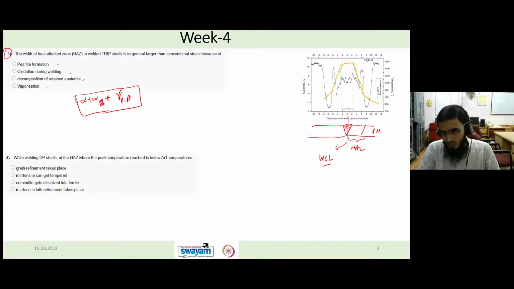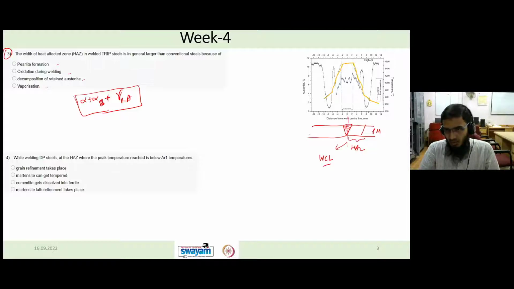So as we move from the weld center line, the temperature decreases, and the steepness, or you can say the slope of this temperature, depends on the type of welding process that you use. And this is how the temperature cycle looks like.